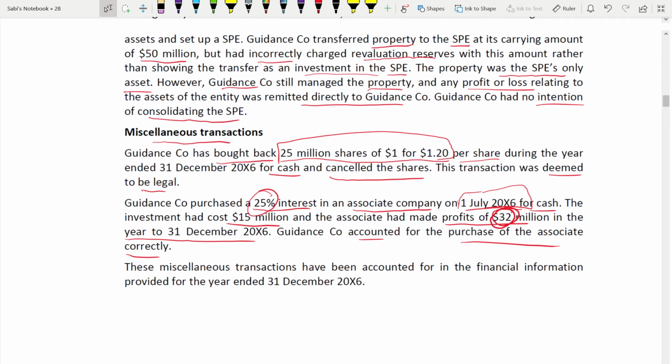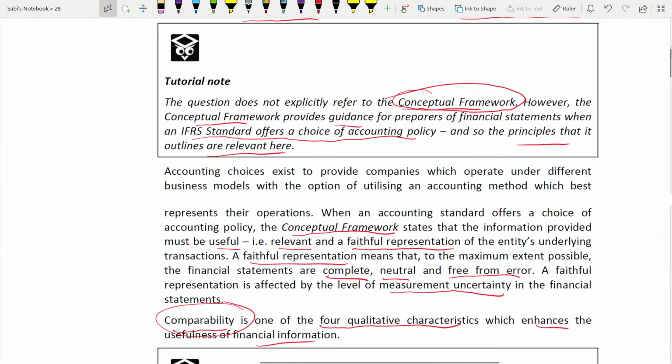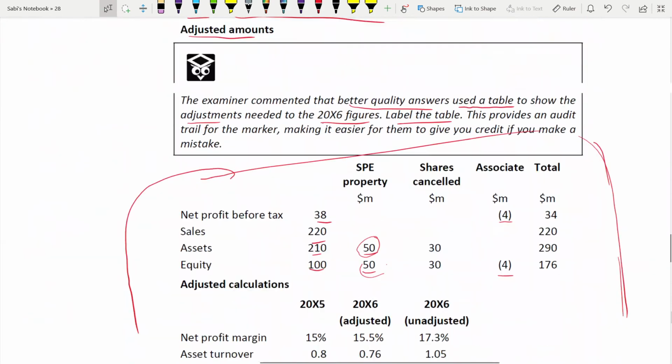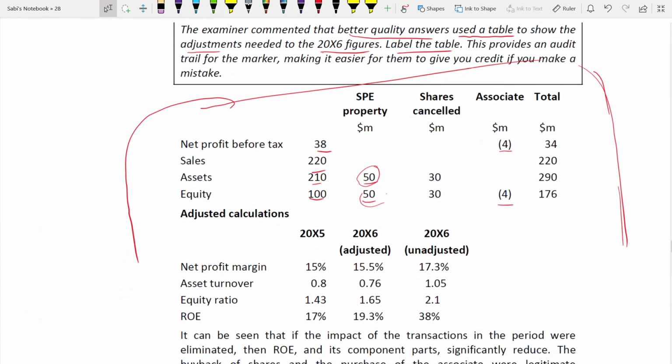If you see here, they bought back 25 million shares of $1 for 1.2, so it will be 25 into 1.2, which is 30 million. So you have to take this into the picture and add it.